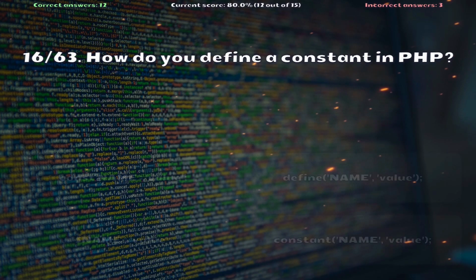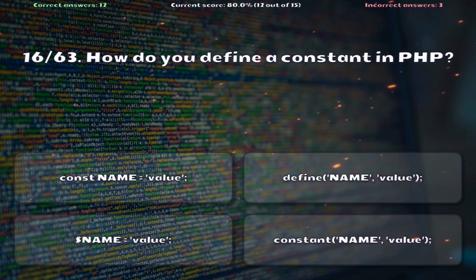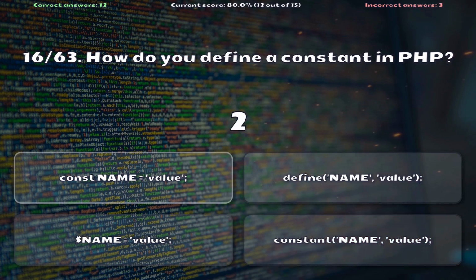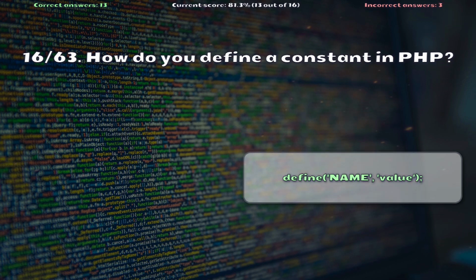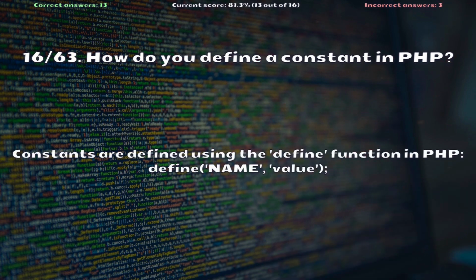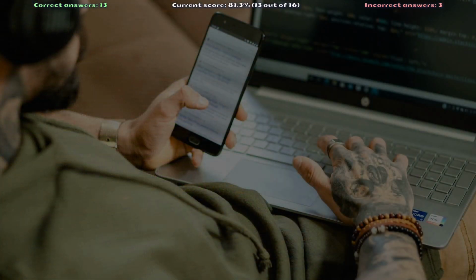How do you define a constant in PHP? Constants are defined using the define function in PHP. Define, some name, some value.